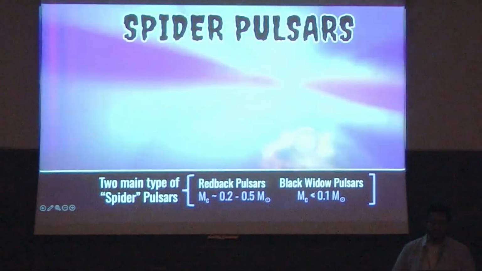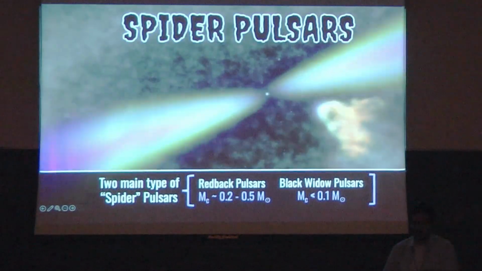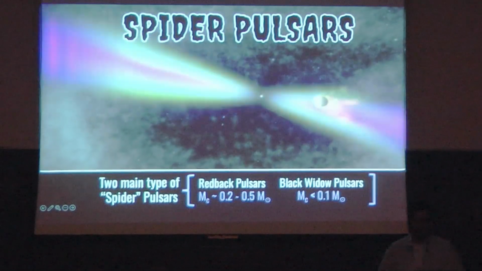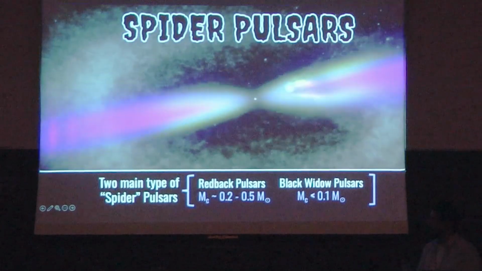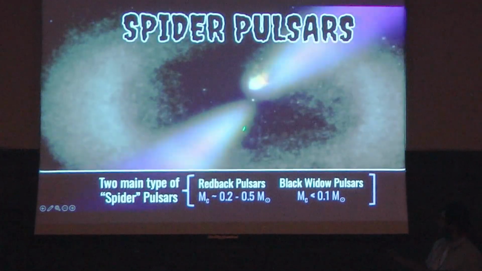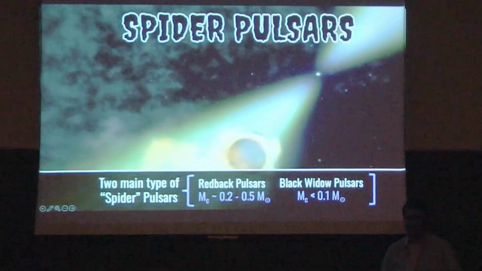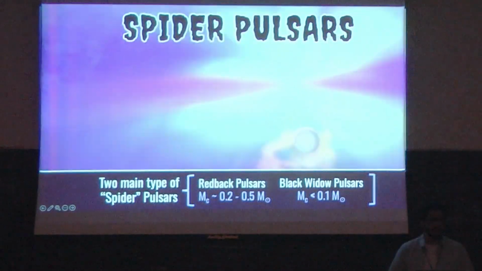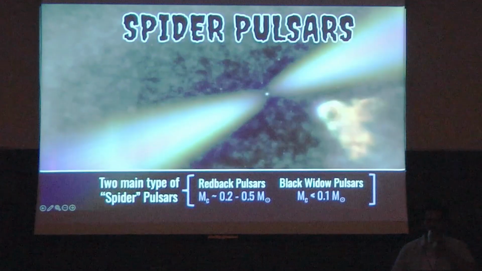Like I mentioned earlier, we love to be very self-centric, so we compare everything to, I guess rightfully so, things that are more familiar to us. And so this symbol represents a solar mass, so for redbacks, 0.2 to 0.5 solar masses, and for black widows, you have companion masses that are on the order of a tenth of a solar mass or less, actually.